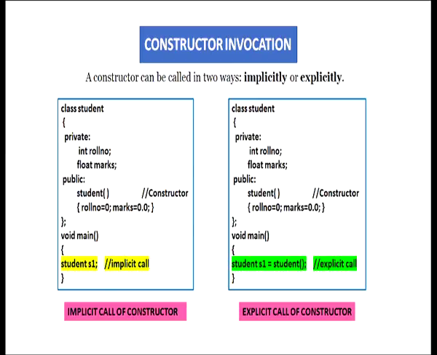You can see here that in this example, the object S1 will be created and simultaneously the constructor function will be invoked. And here we are calling the constructor explicitly. That is why this type of call is called explicit call of constructor.